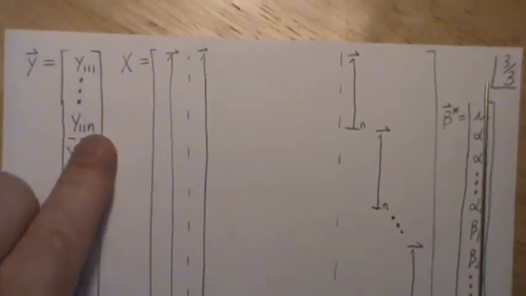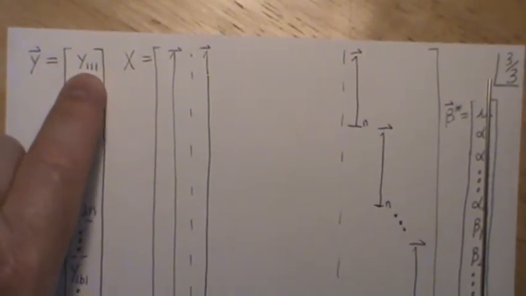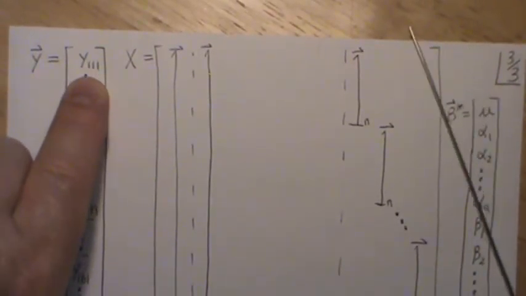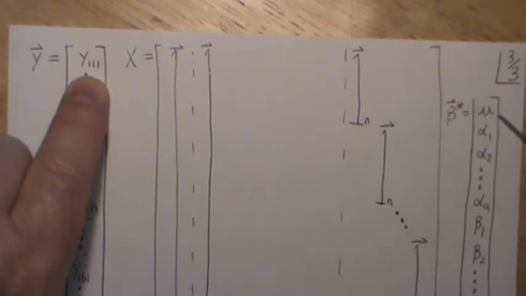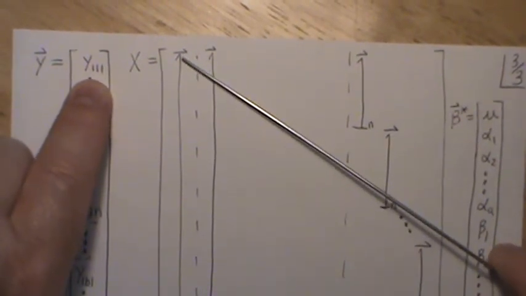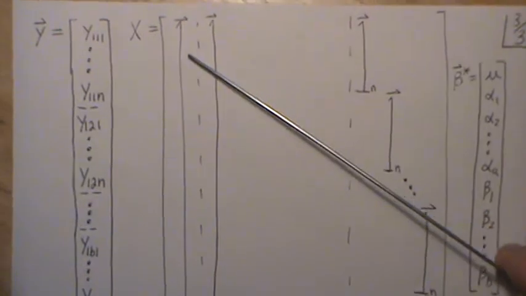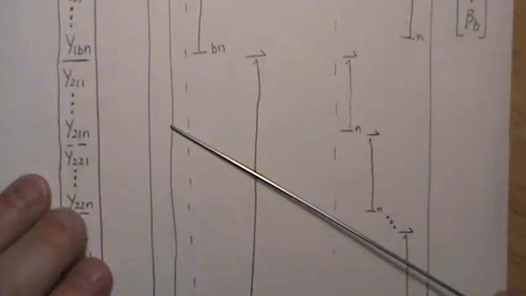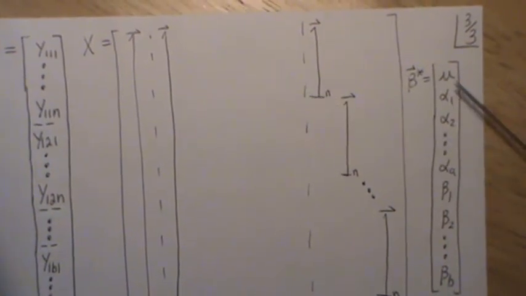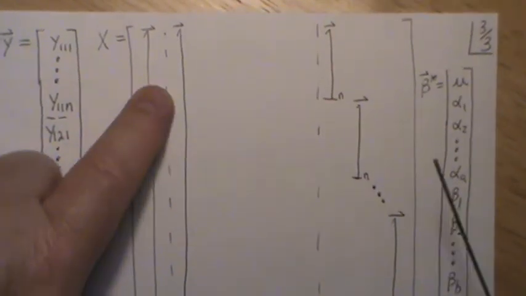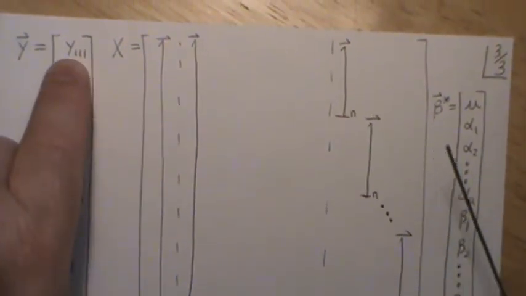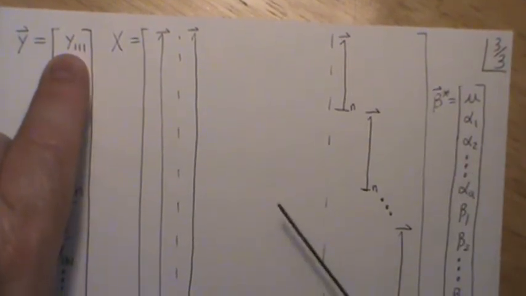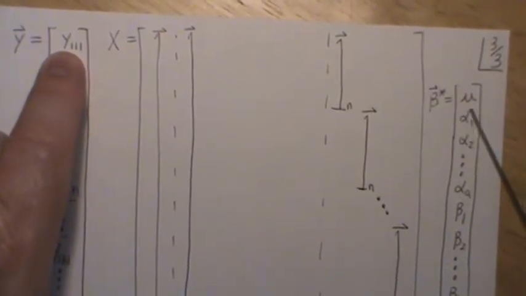So if this is y111, when we multiply this over, we want to pick off the mu, because that has to be the case in every one. And that's why it's one big long 1 vector, because every time we do this multiplication, we pick off that mu. And then here, it's treatment 1, right? So we want to make sure to pick off alpha 1.